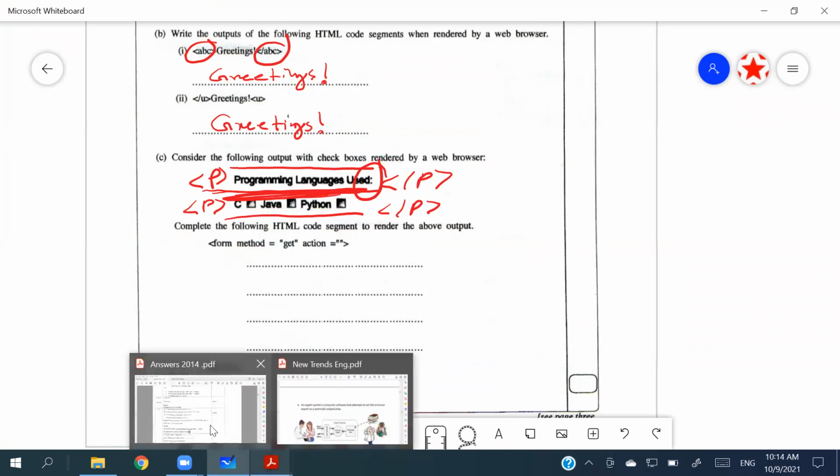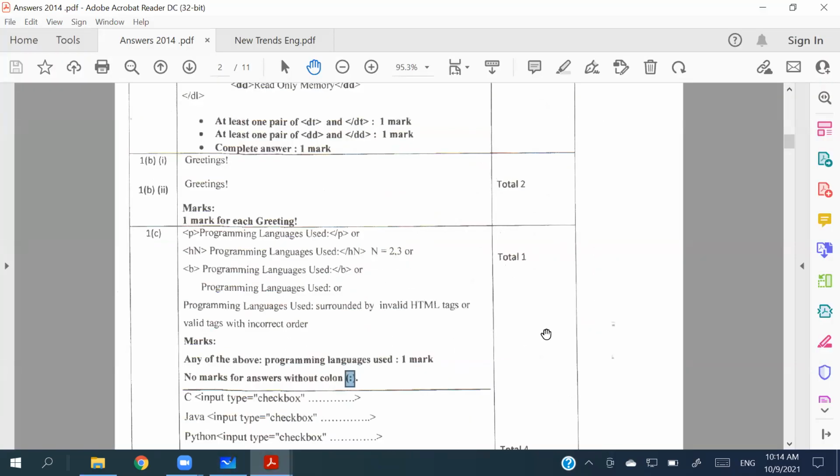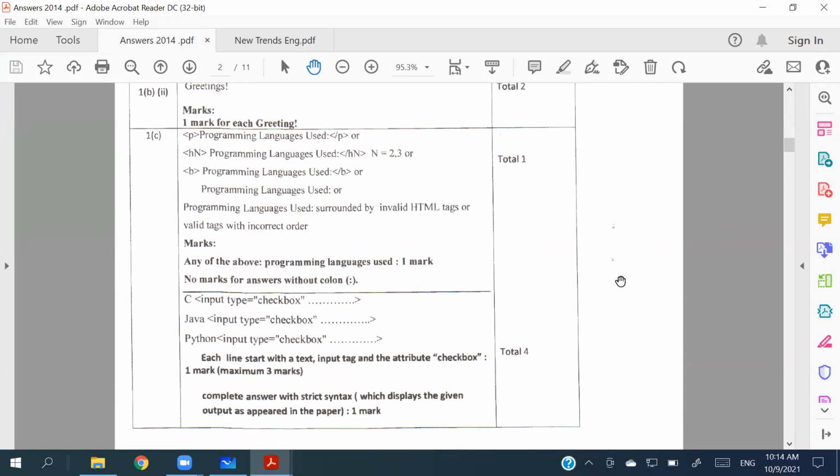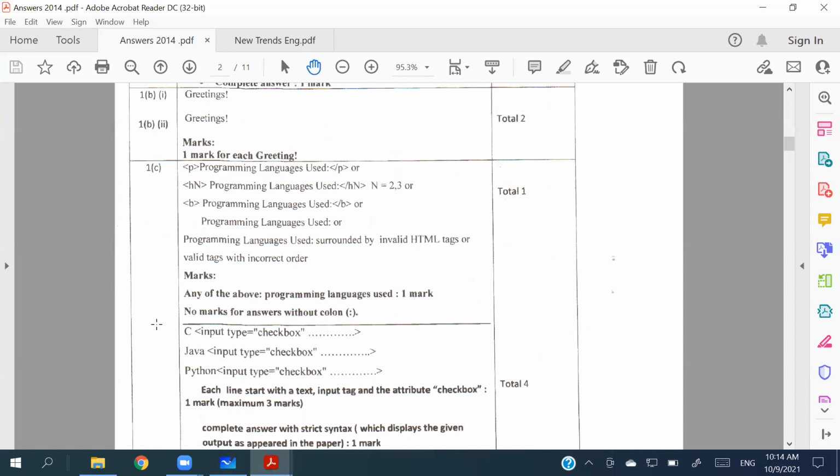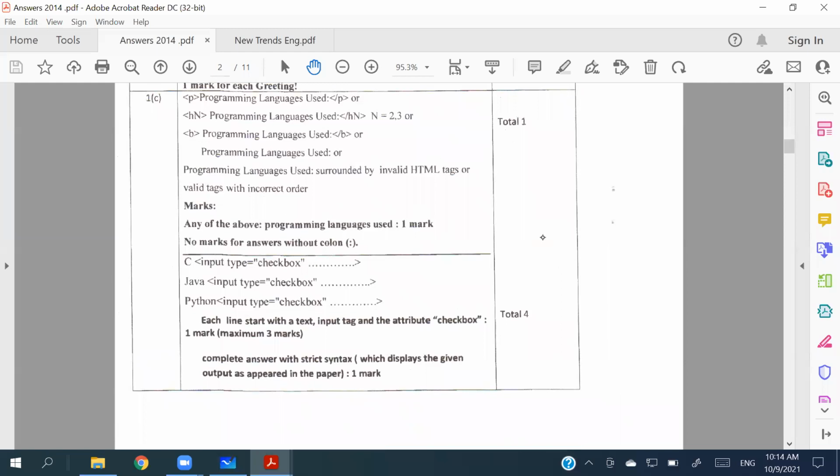Then about the checkboxes, look at how it happens. They haven't concentrated on the paragraph tag, but it's better you put a paragraph tag before this input statement starts. It is better if you start with a paragraph tag, write these, and then close the paragraph tag. But they are just considering the C and then input type equal checkbox.